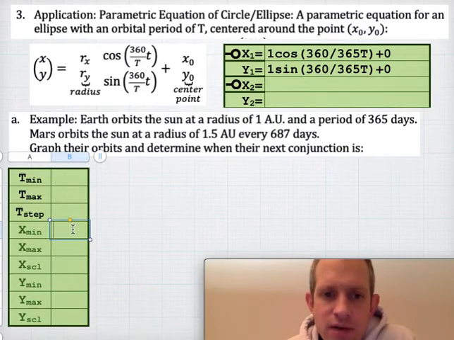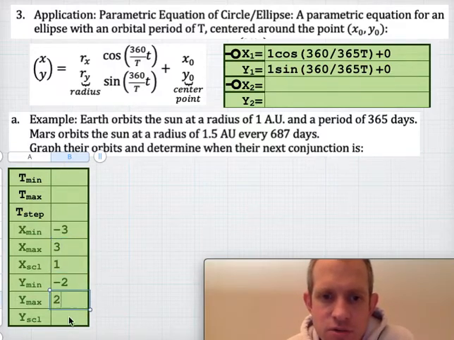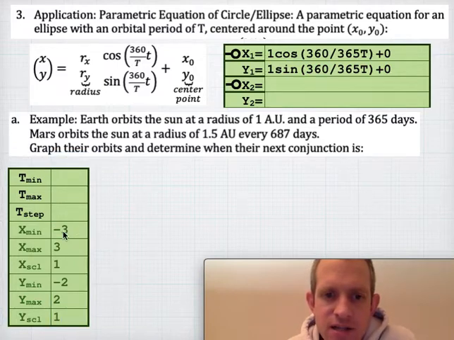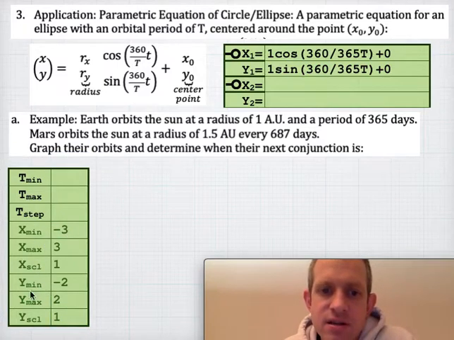And so I recommend for this particular window going from maybe -3 to 3 by 1s, and then vertically, maybe -2 to 2 by 1s. I like to have a little wider x-axis than a tall y-axis, just because the screen's rectangular. This will make it look a little bit more accurate when we graph things.